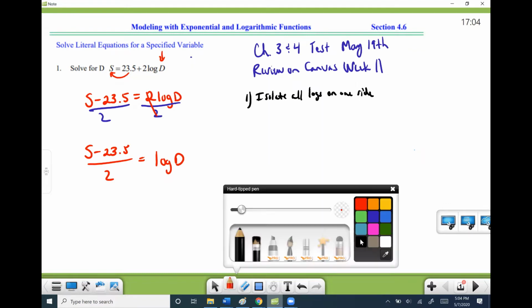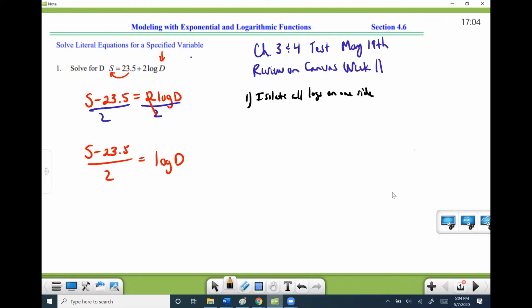All right, isolate all logs on one side. Condense if you need to, but in this case we only have a single log, so we don't need to. Number 3, rewrite as an exponential using the hook.